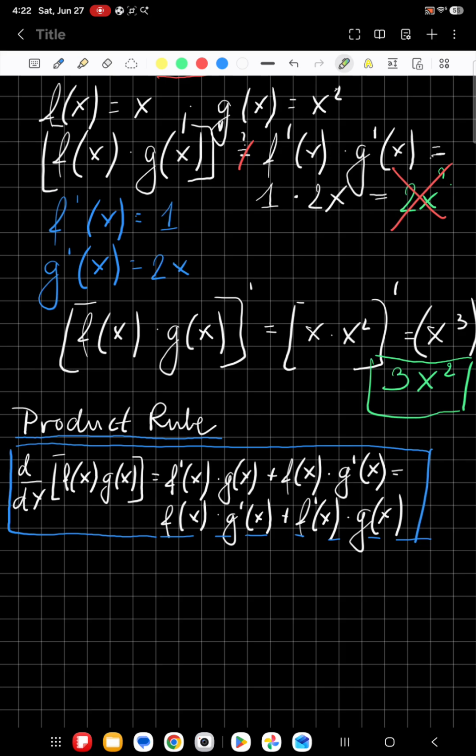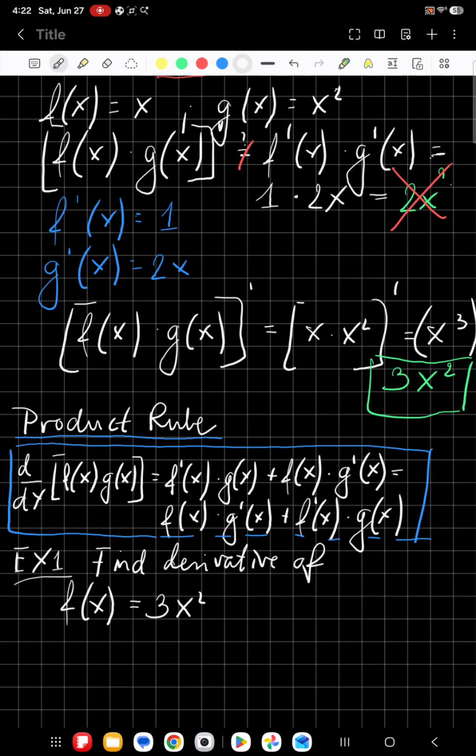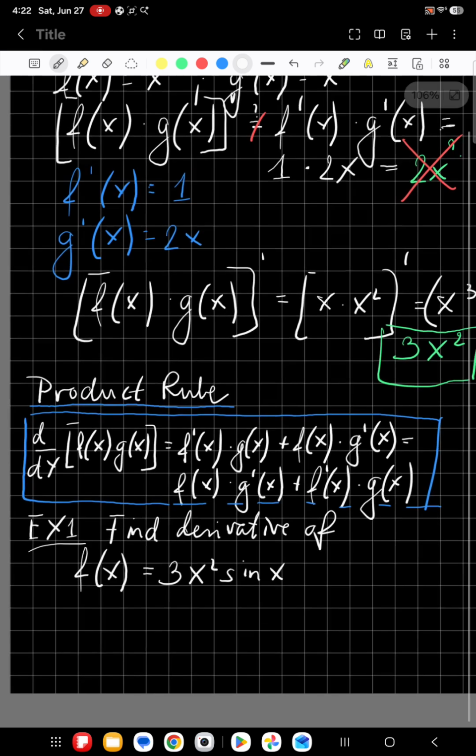Okay, so let's see how it works. Example 1. What we need to find is the derivative of f of x equals 3x squared times sine x. Let's use the other notation.